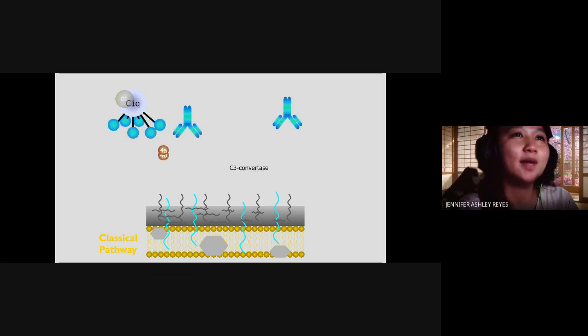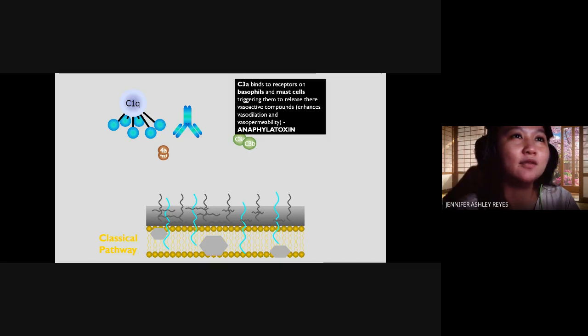Ngayon, si antibody will trigger the activation of C1. Ngayon, si C1q will create a complex with QRS. Tapos, i-activate niya C4, and then C2, and then C3. Pero ang kailangan lang natin dito is your C4b, C2a, and C3b.